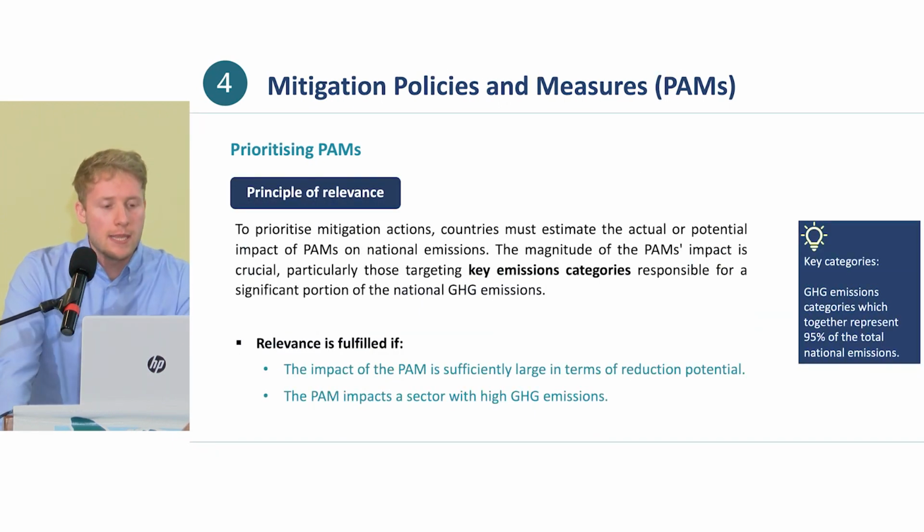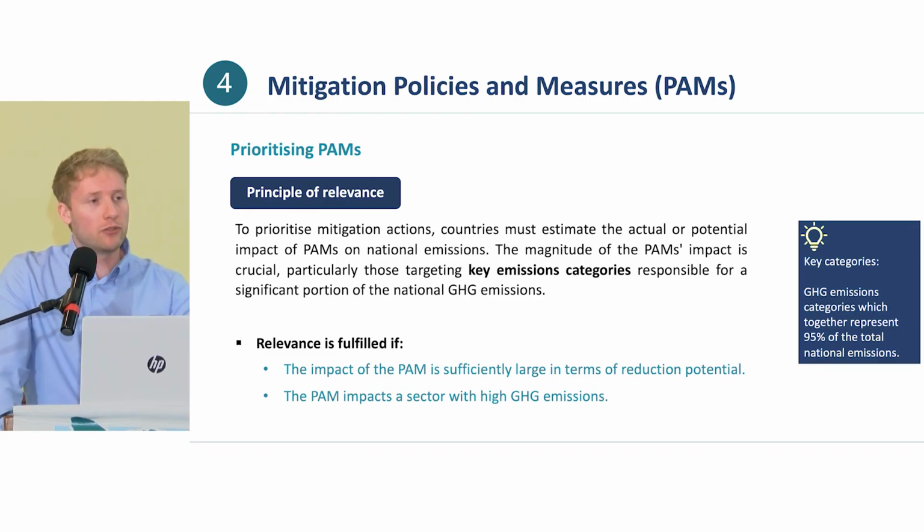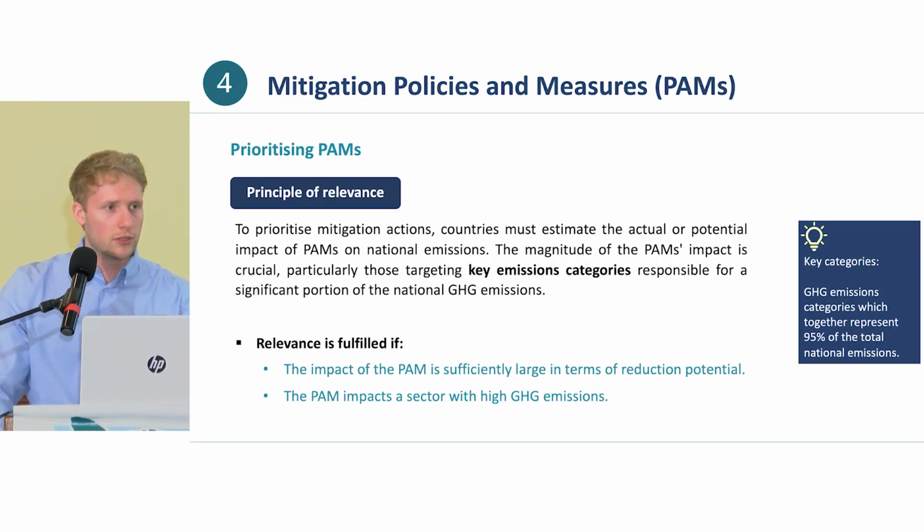We look at the first one, relevance. To know whether a pump is relevant, its impact, so its potential to reduce emissions, should be estimated a priori, should be known beforehand to have an idea, is that even relevant? Like, we can pump a lot of money into reducing emissions, for example, in the waste sector. We have landfills.